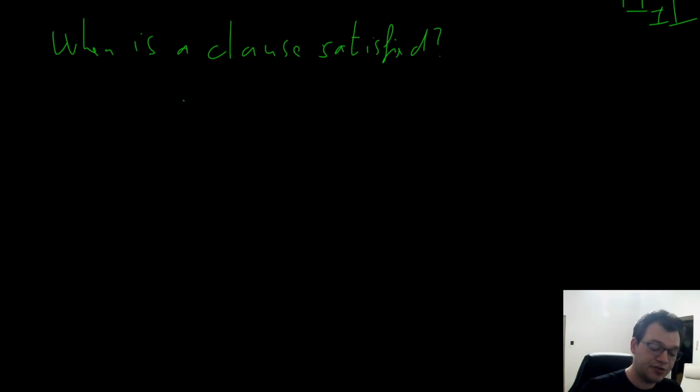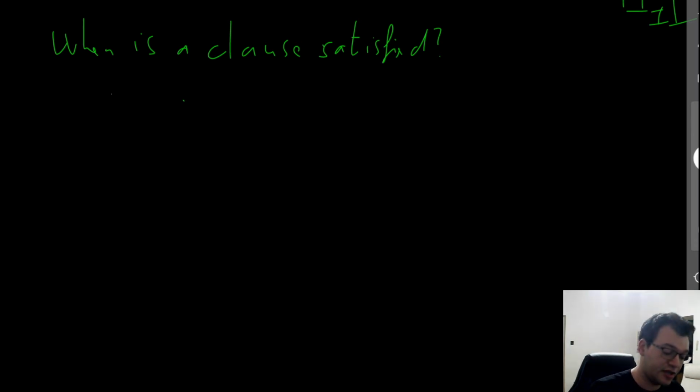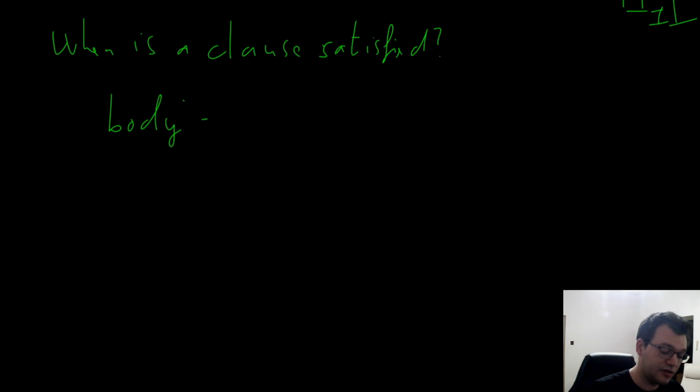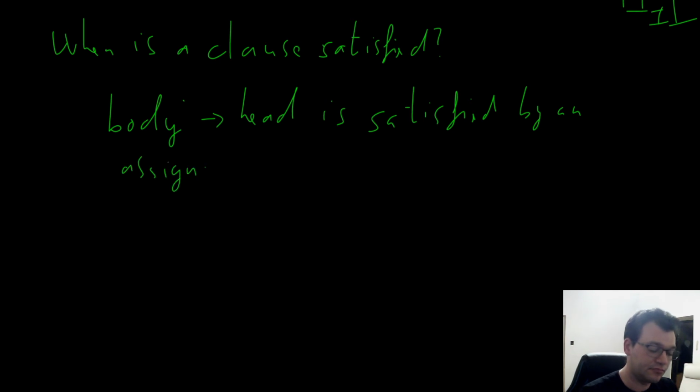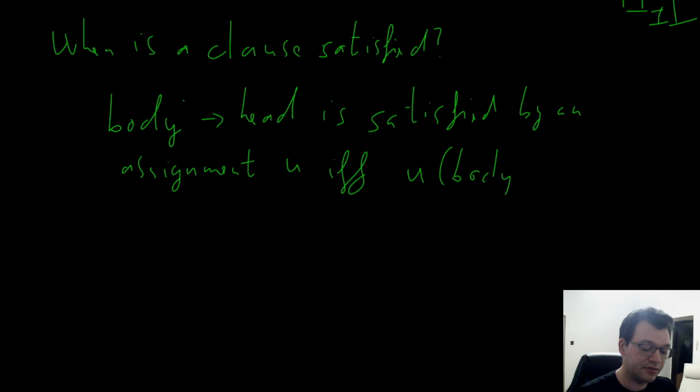So if we have a clause, then the clause has some body and a single head. So body to head is satisfied by an assignment U if and only if I'm just evaluating the body and I also evaluate the head, and there is a relation less than or equal to according to the truth ordering.